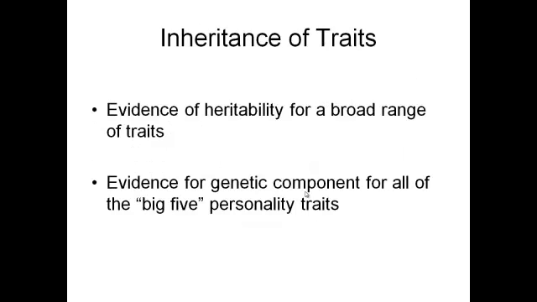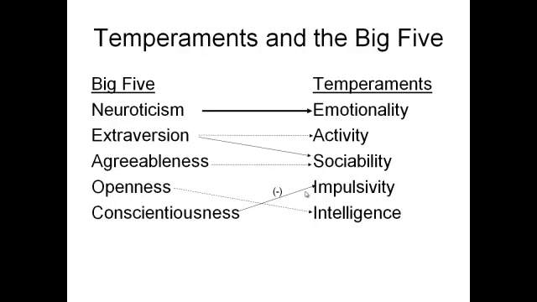As far as the traits that we inherit, there seems to be a good deal of evidence that we do inherit a great number of traits. Heritability plays a big role. Certainly not the only role, but heritability does play a big role for many different traits. And this is true for all of the big five personality traits that we've talked about before.